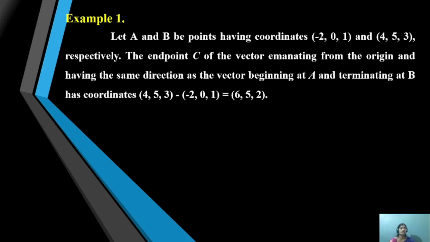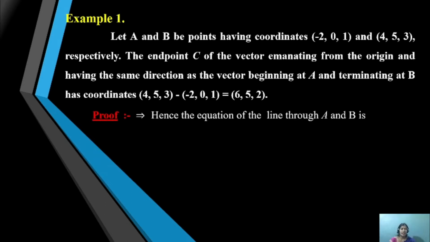Let us prove this example. The proof: A and B are the points having coordinates -2, 0, 1 and 4, 5, 3. The vector with the same direction, beginning at point A and terminating at point B, has coordinates B minus A, which is 4, 5, 3 minus -2, 0, 1.